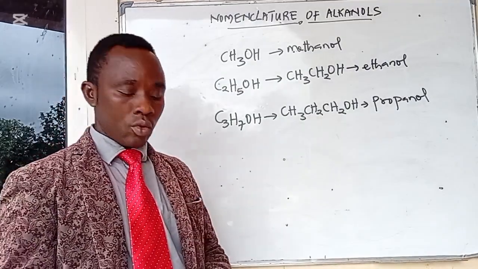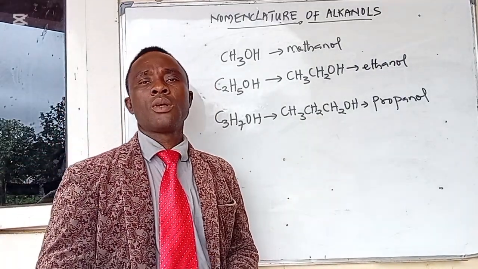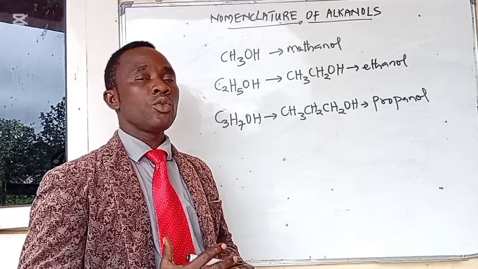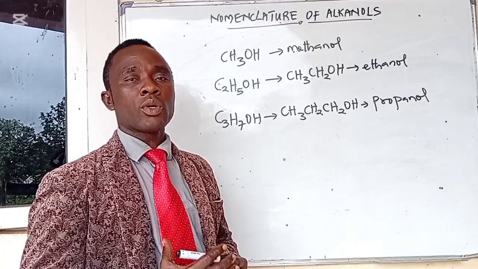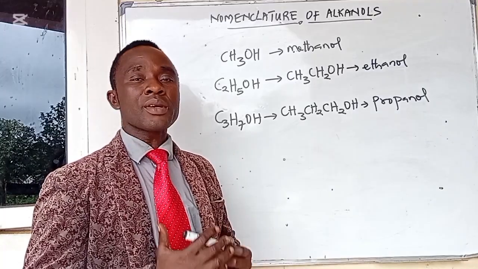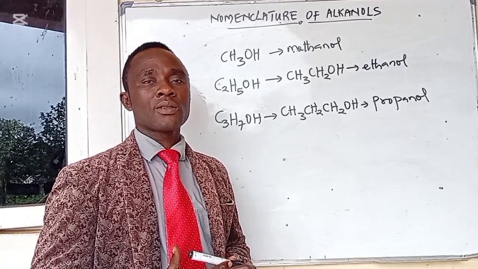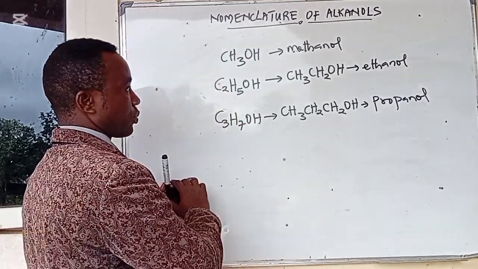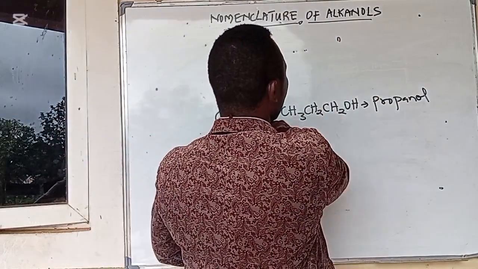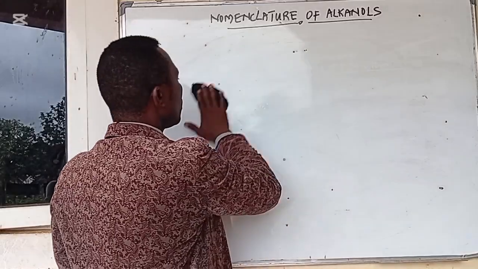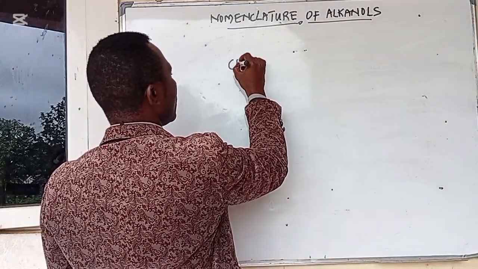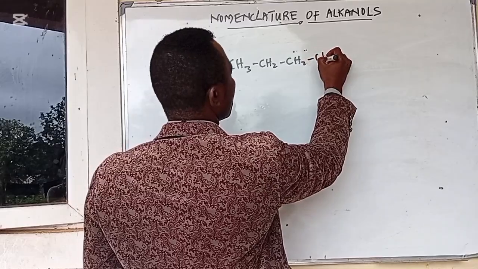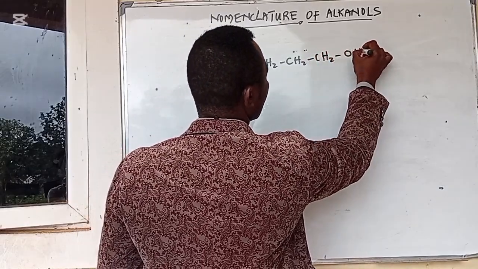Now, if we want to name alkanols, the first thing you do is number the carbon atoms to determine the parent chain, the longest carbon chain that bears the OH group. So let's say, for example, you are given CH3CH2CH2CH2OH.